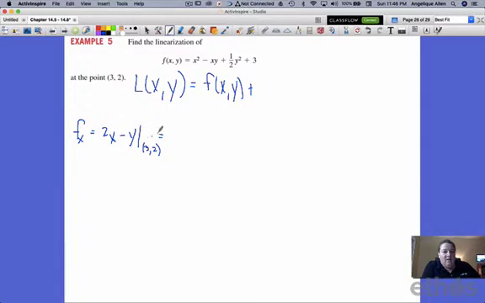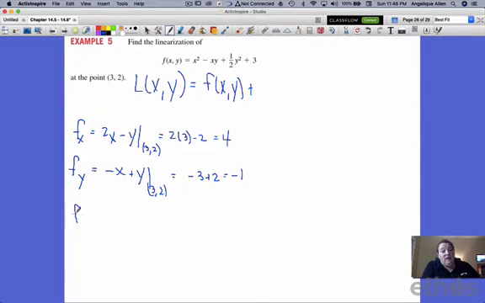So we're going to have 2 times 3 minus 2, which is 6 minus 2, or 4. All right, we're going to do f sub y. So nothing there, minus x there. Derivative here, bring the 2 over, that's 1 times y, so plus y, and that's a constant. So evaluating this at 3, 2, we get negative 3 plus 2, or negative 1.